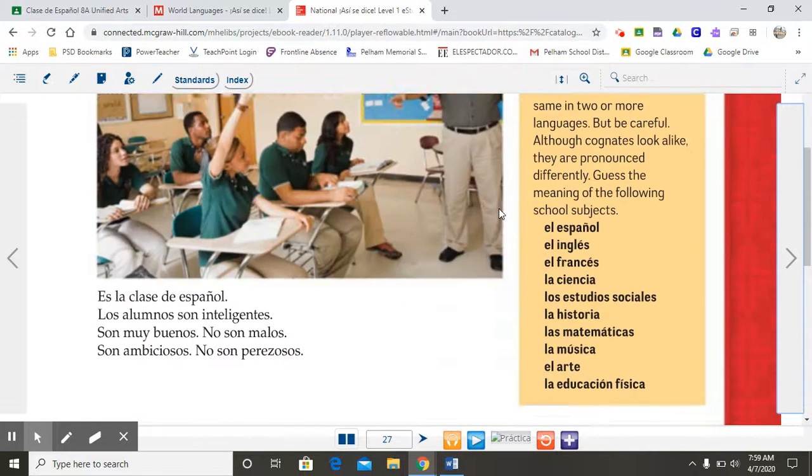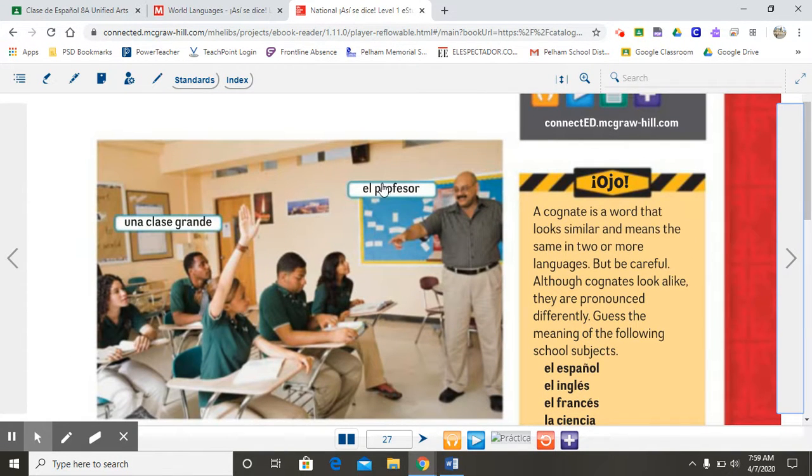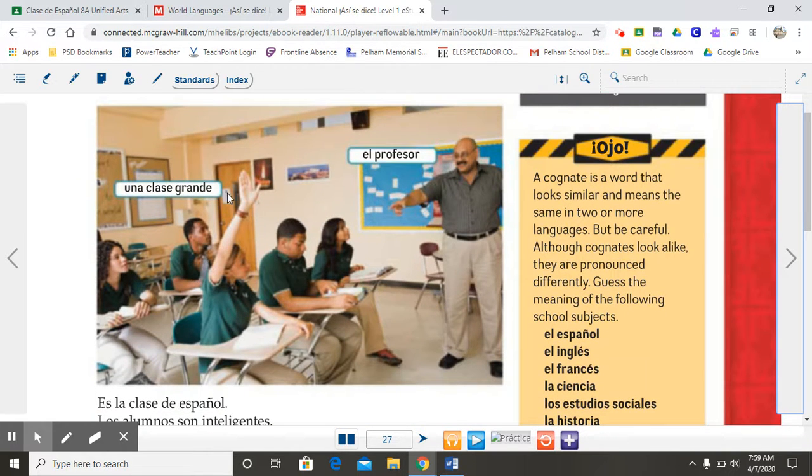As you can see on this side, we have 4 more bubble words or vocab words. We have profesor, male teacher. Here, remember that even though there's 3 words, the important one is this last one, grande. Grande means, anyone remember? Means big.